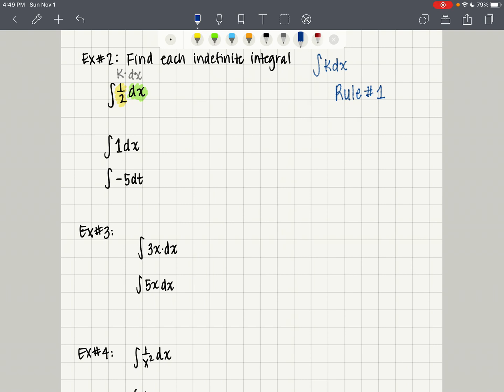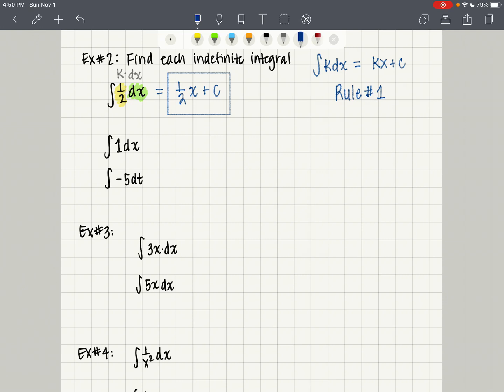But right now we're going to get comfortable saying the indefinite integral of k dx is equal to kx plus c. So this is going to equal 1/2 x plus c. Is the c important? It's not only important, it's crucial, with an indefinite integral, that you have that constant at the end.